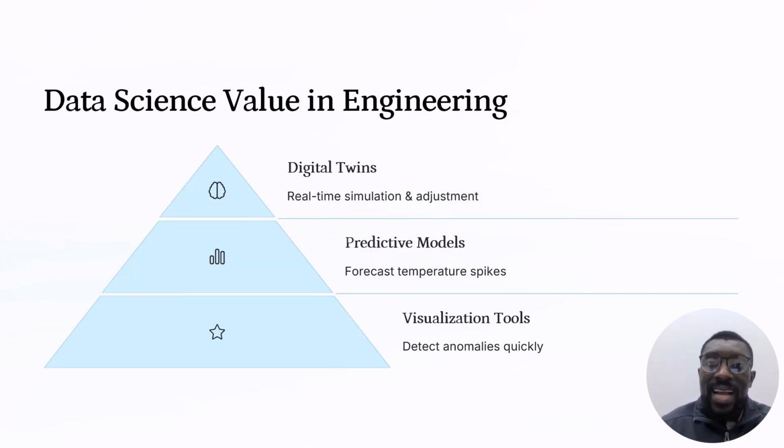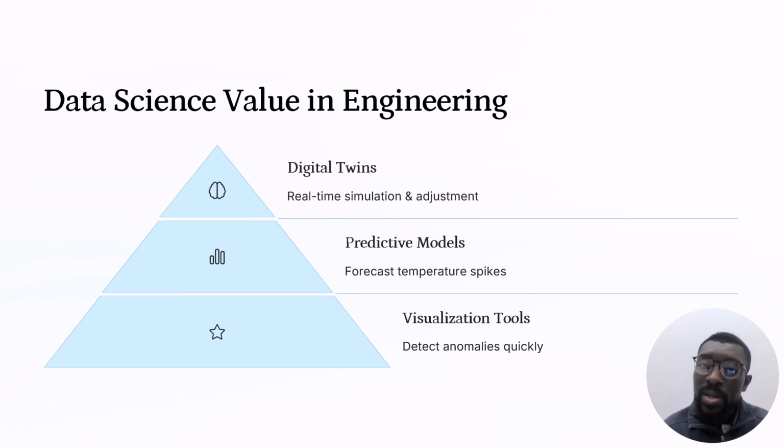How is data science linked to this engineering project? Well, first, for digital twins, real-time simulation and adjustment. Because of data science we were able to observe those elements, and it helped us predict the models by forecasting the temperature spike, as you could see earlier.